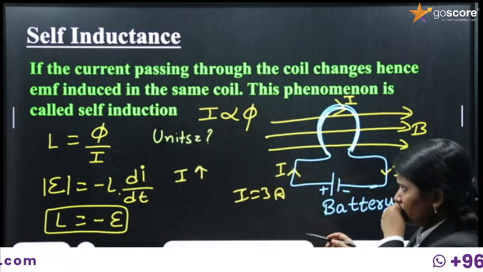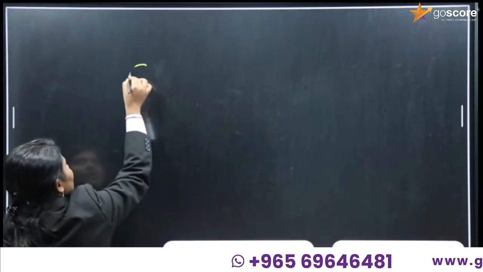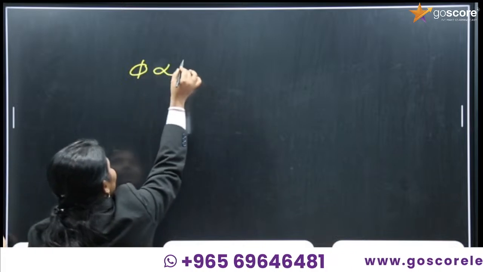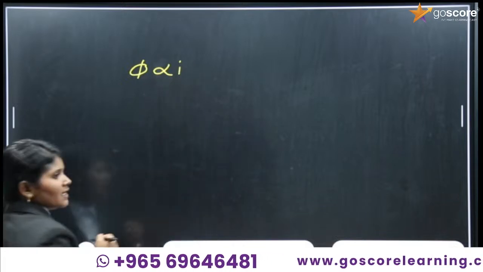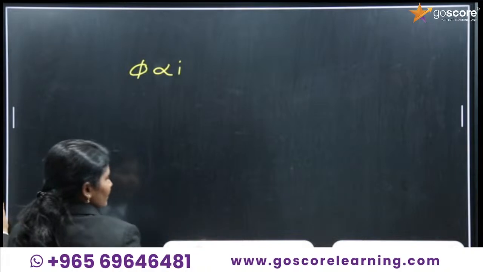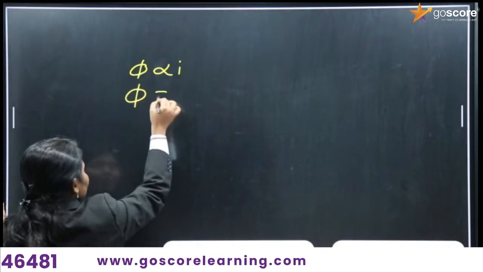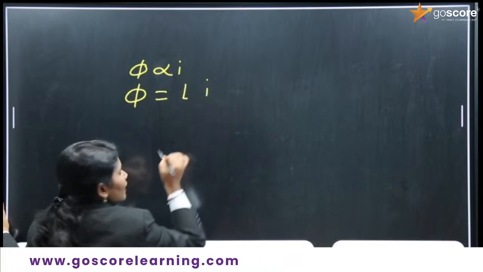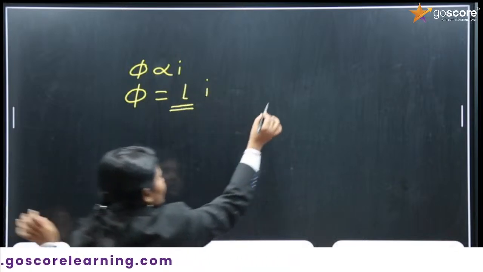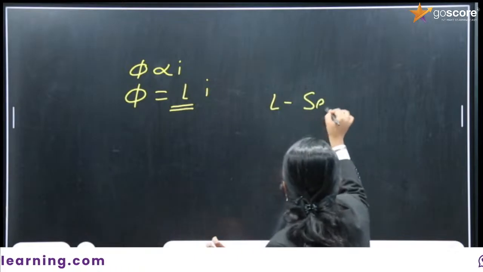Then what are the equations? Current is increasing, so flux is increasing. Then I take a constant: phi is equal to L into I. Here L is the self-inductance.